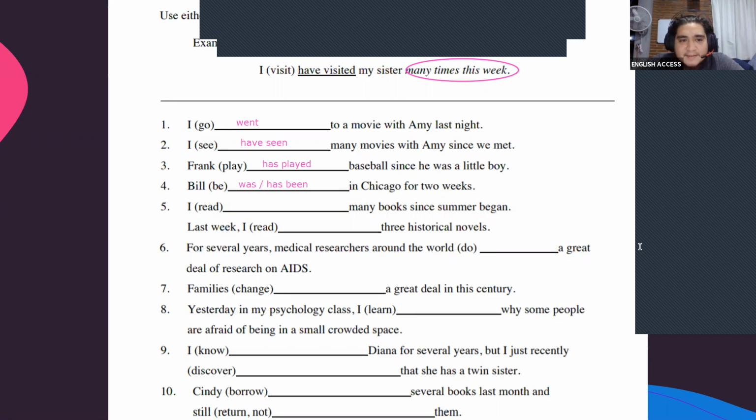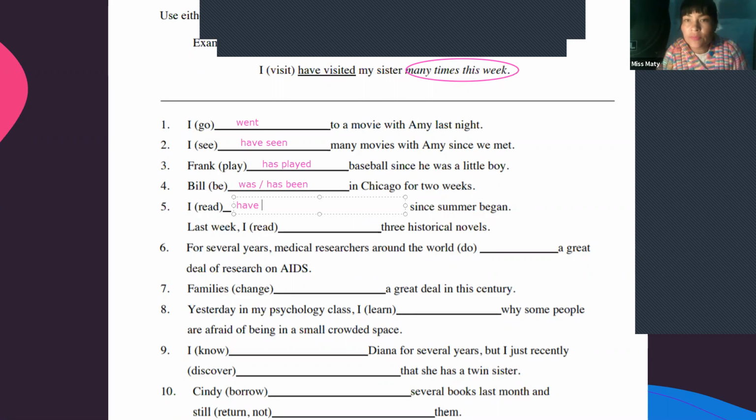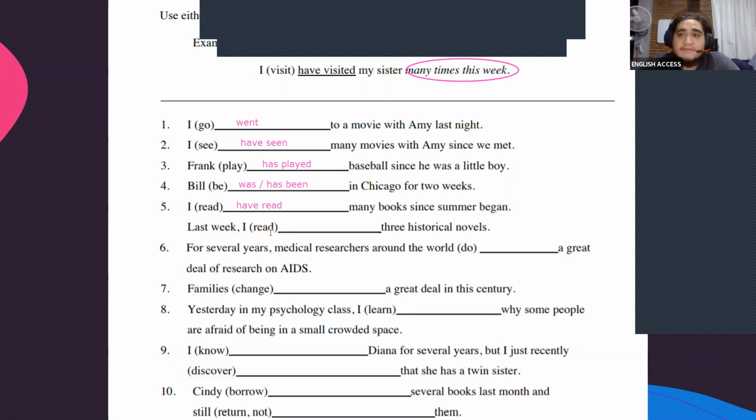Miss Maddie, five, please. I have read many books since summer began. Yes, I have read. Remember, the writing is always the same with read. What changes is the pronunciation. Read, read, read. Okay. Yes, I have read many books since summer began.